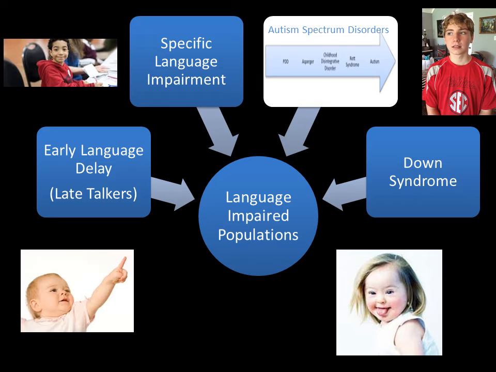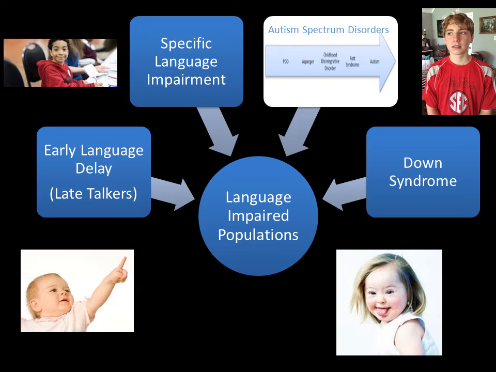We don't want to over-identify SLI. We don't want to say a child has specific language impairment when they don't. So this is not usually diagnosed until age 4, after children should have grown out of that language delay or expressive language delay. If this language problem is persisting, then a child may be diagnosed with this.